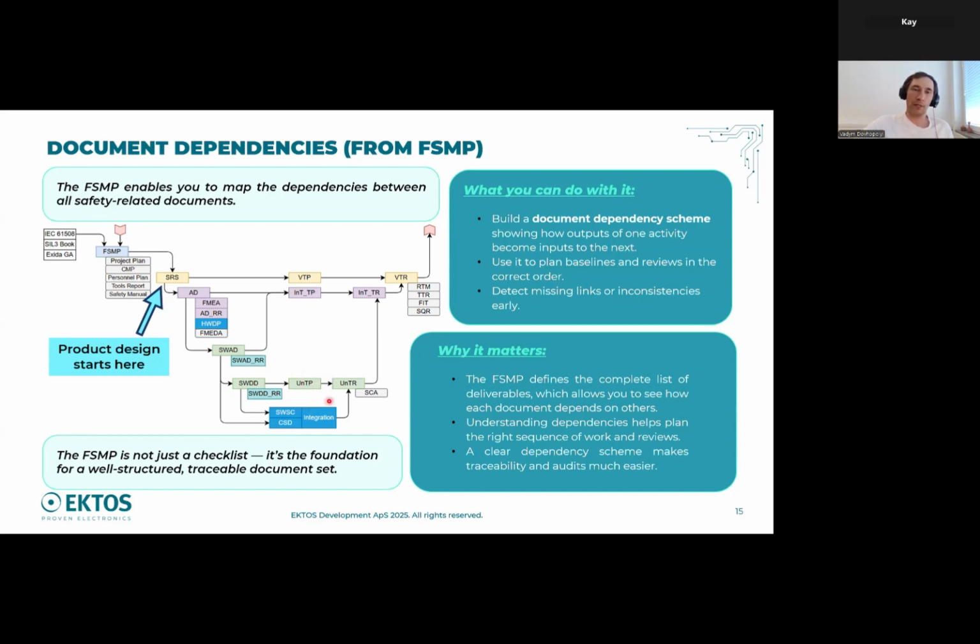And here is the verification and validation part of the process. Integration testing is based on requirements or statements from architecture design and software architecture design, and as a result we get the integration test report. The safety requirement specification is an input for a validation test plan and for a validation test report.